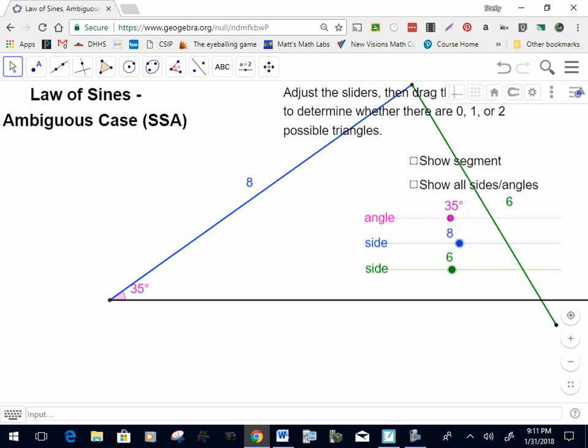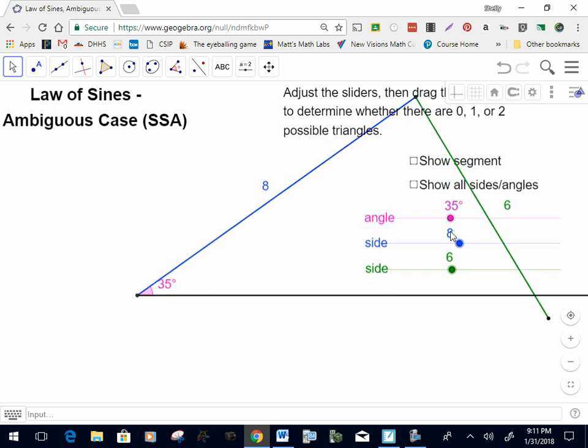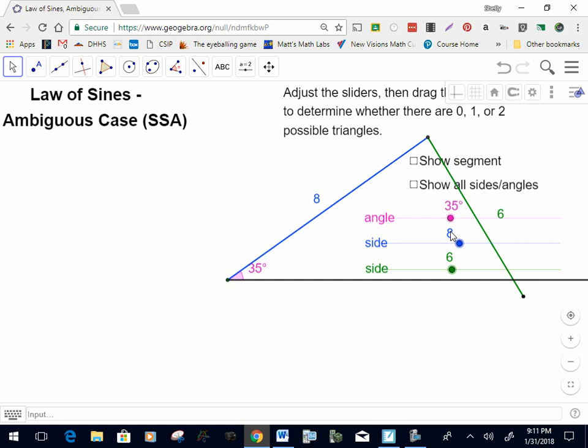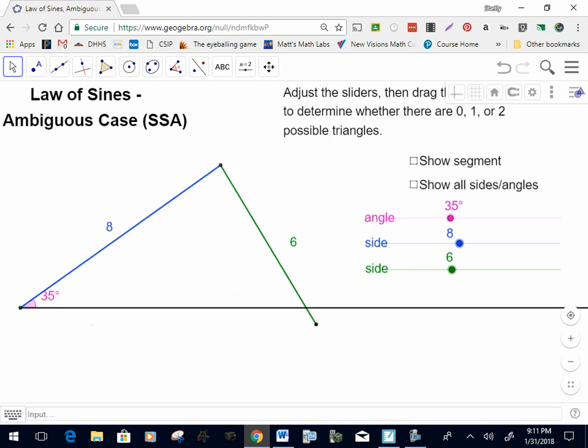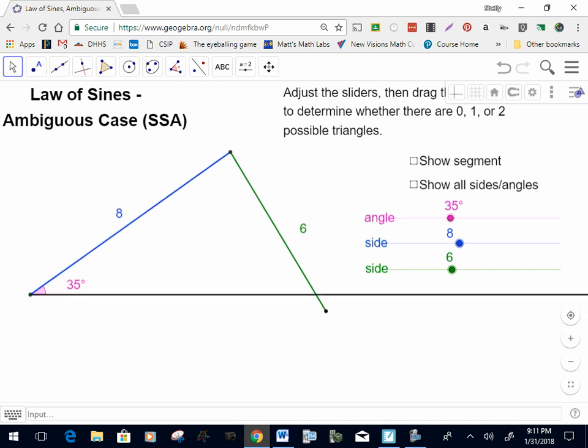I'm going to need to zoom a teeny bit here so it fits on the screen. Our sides are like this. We could easily make a triangle like so.